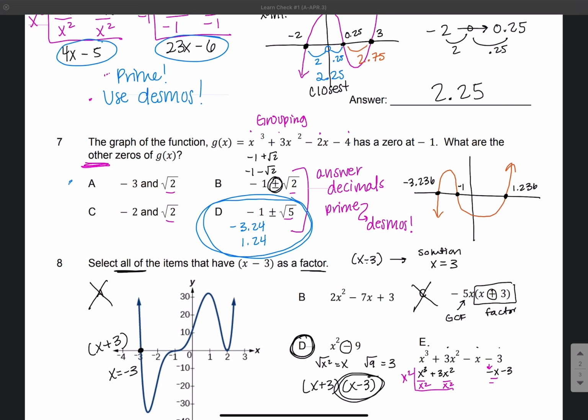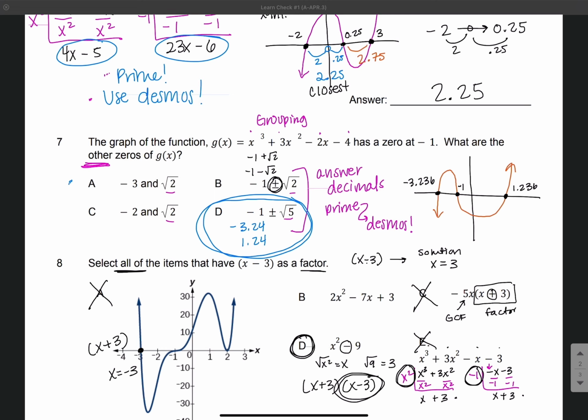So we know negative 1, negative 1. Okay, so then x plus 3, x plus 3. If I bring my GCFs together, it's going to be x squared minus 1. And notice that our leftovers are x plus 3. So again, we need an x minus 3. This is the plus 3, so that's not going to work.